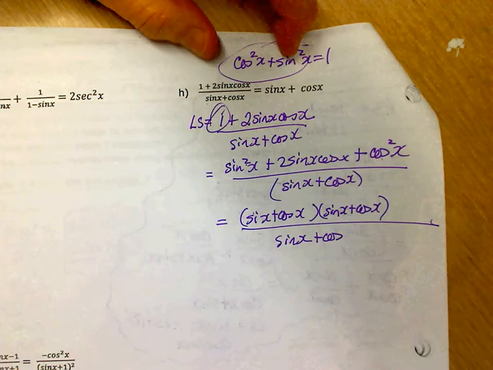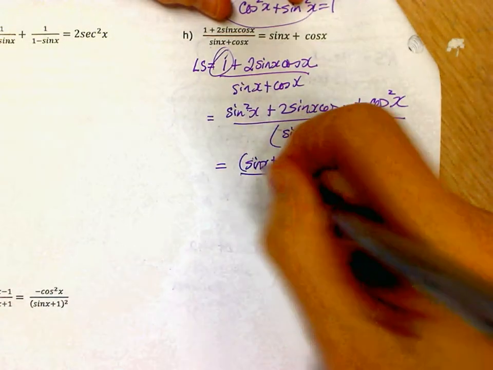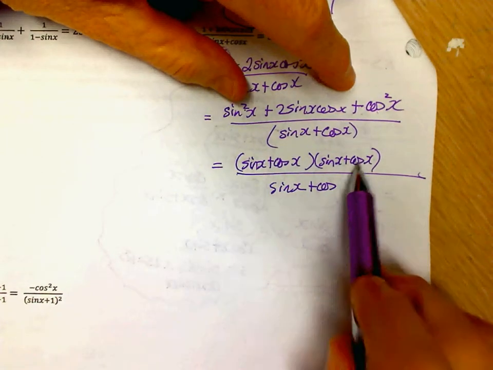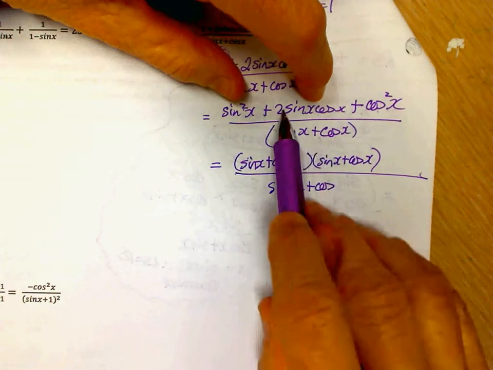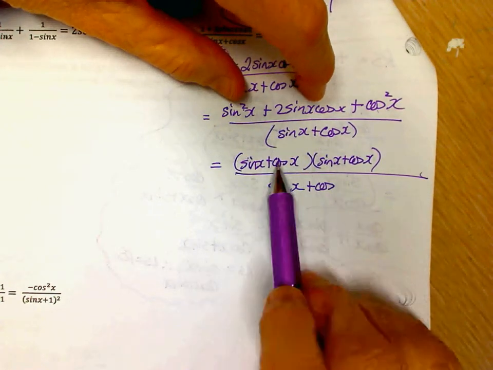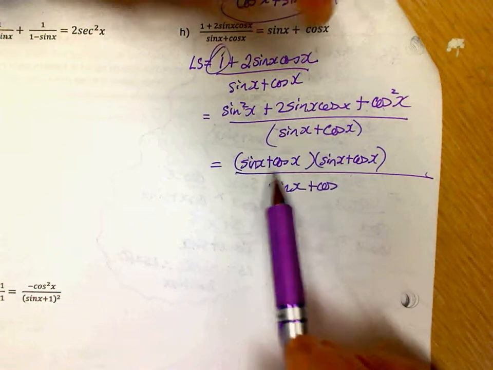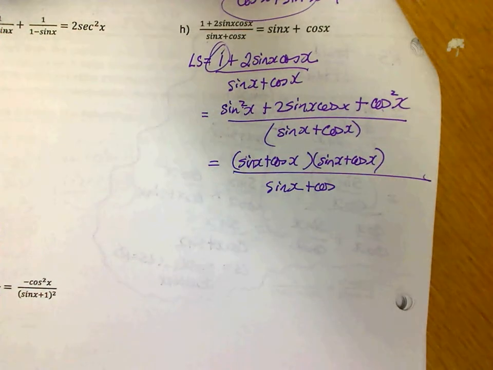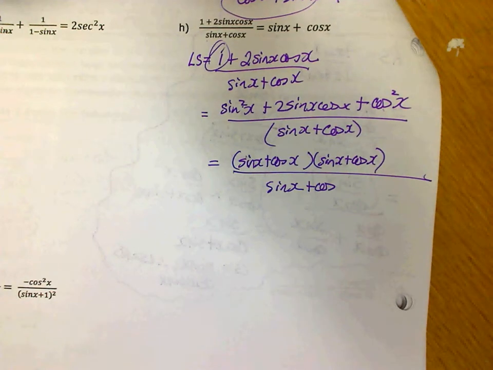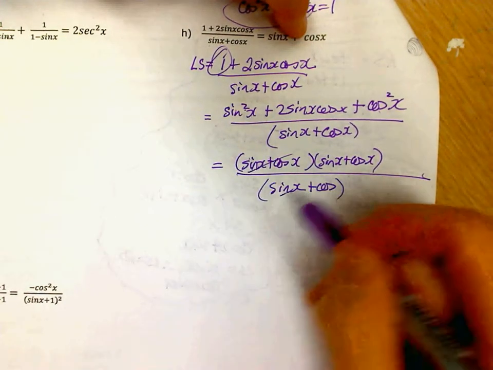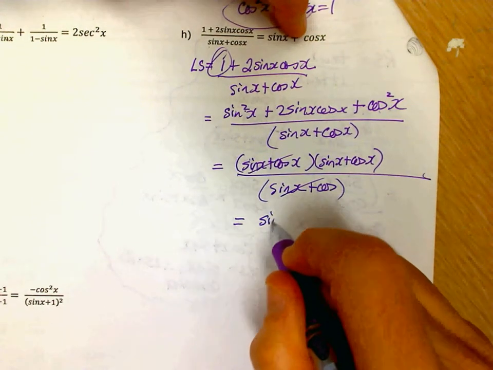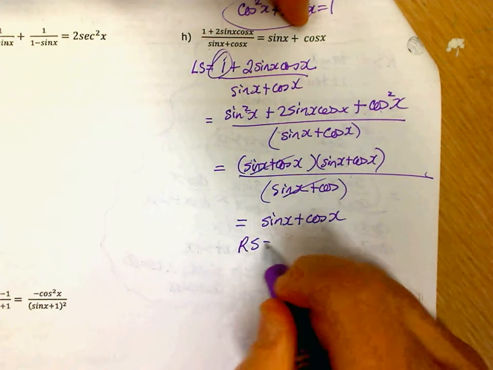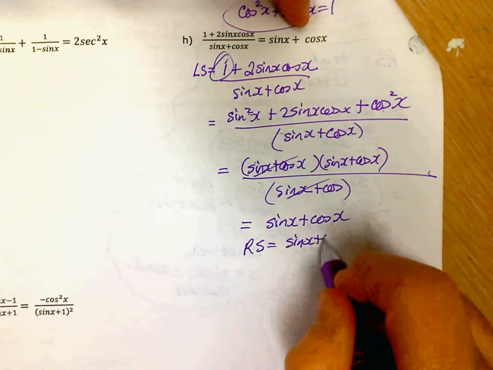That times that equals that. You can FOIL and check. So this binomial times this binomial equals our numerator. Now what can we do? Yeah, divide it out and we get sine x plus cos x. So right side equals sine x plus cos x. Left side equals right side.